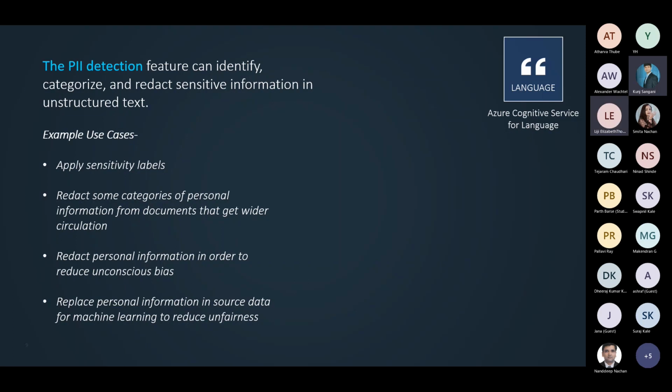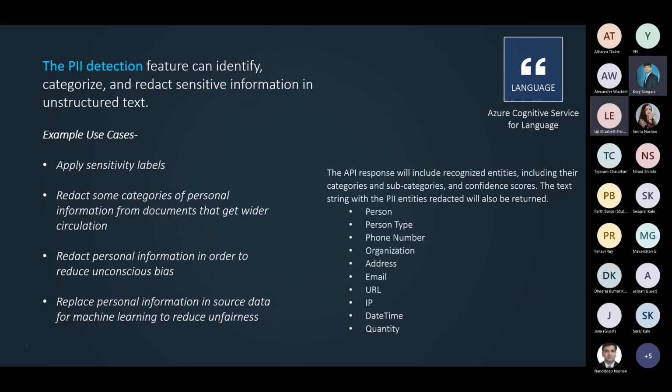Several use cases might require you to identify PII so that it can be masked, so that you can apply sensitivity labels to that. PII information will include email addresses, social security numbers, maybe URLs, IP addresses. So for your specific use case, you might need to identify and abstract and then apply these labels over that.